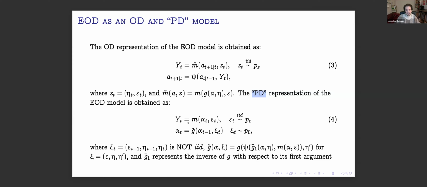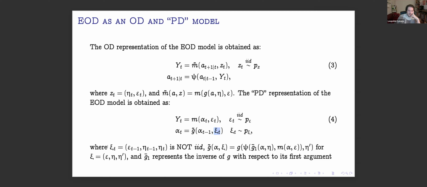And this is obtained by playing, as before, with the model specification. So we have a measurement equation, and then we have a state equation. The "quote" part here comes from the fact that now the shocks in the transition equation of this PD representation are not IID anymore.